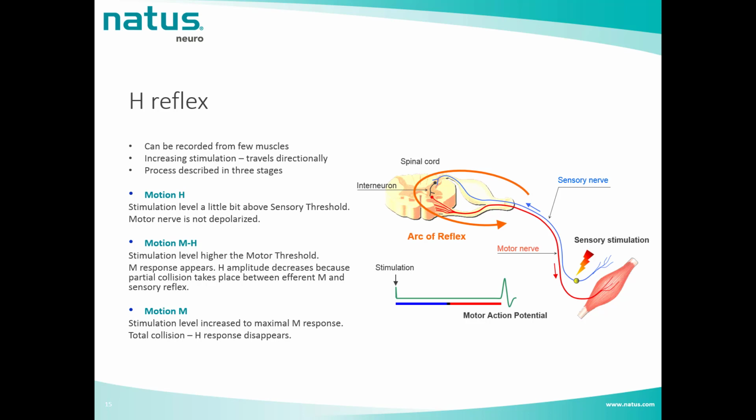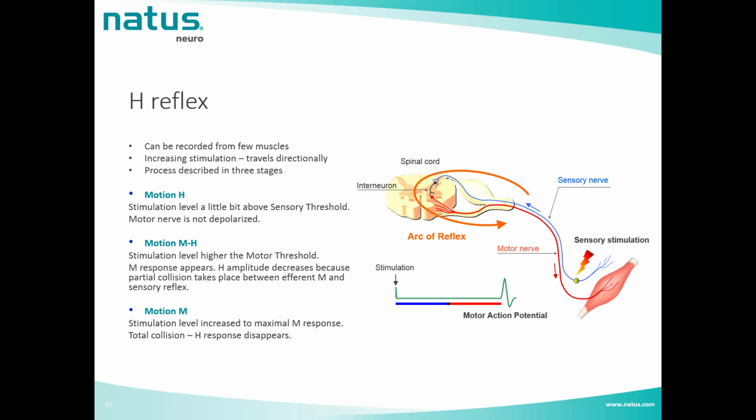There are a few muscles that are mainly recorded. Probably what we see mainly is the soleus muscle. However, there are other muscles existing. And this is based on increasing stimulation from 0 milliamp to supramaximal stimulation.